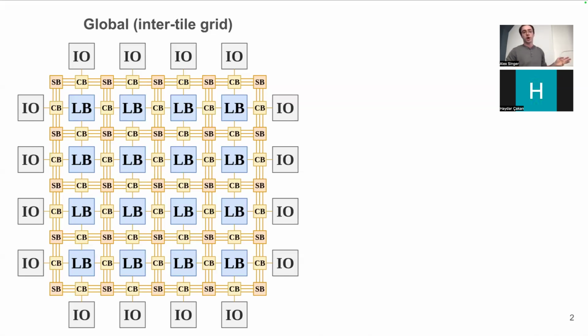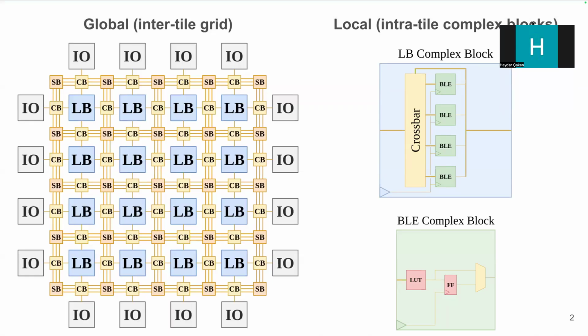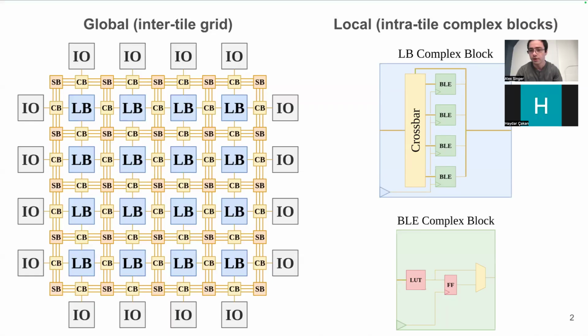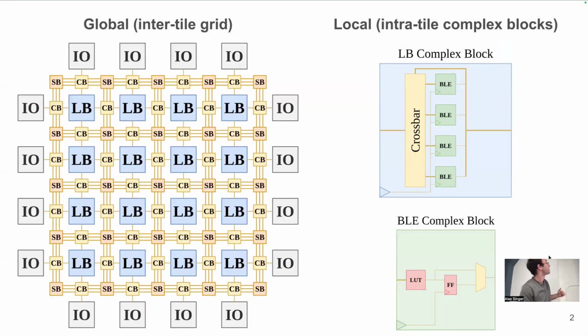So VTR requires not just the global view of the FPGA, but we also need to provide a local view. I want to make sure this doesn't get blocked. Hang on. There's a lot of fun that goes into making these. Cool. So when you define the local interconnect or the intra-tile complex blocks, what you really are telling VTR is what is inside one of these tiles.